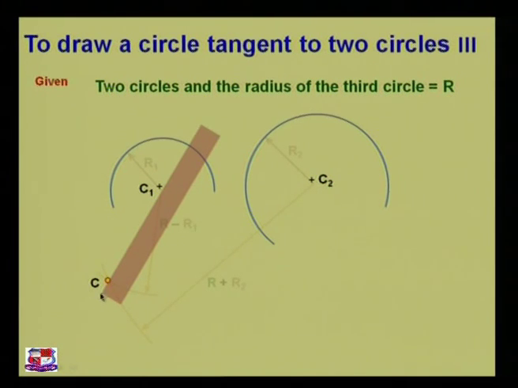Similarly, the scale we have adjusted so that it is passing through C and C1, also intersecting this circle, and we will put up a line like this. Very simple. For this other circle, put up a scale passing through point number C and point number C2. Mark a line.